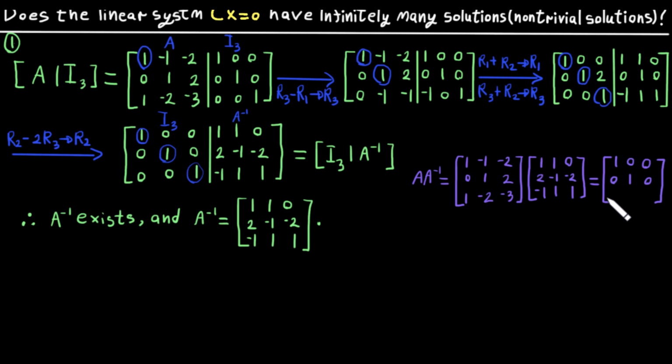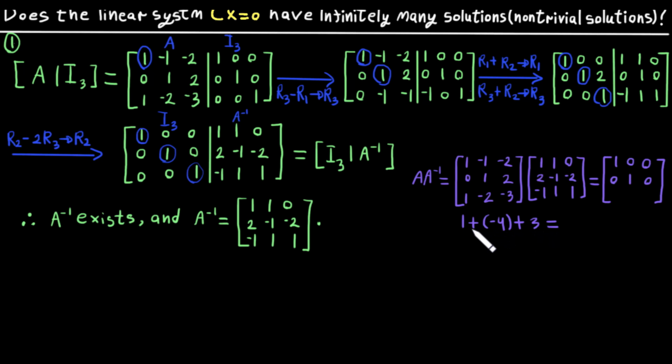To find this element here, we have to multiply this row by this column. 1 multiplied by 1, which is 1, plus -2 multiplied by 2, which is -4, plus -3 multiplied by -1, which is 3.